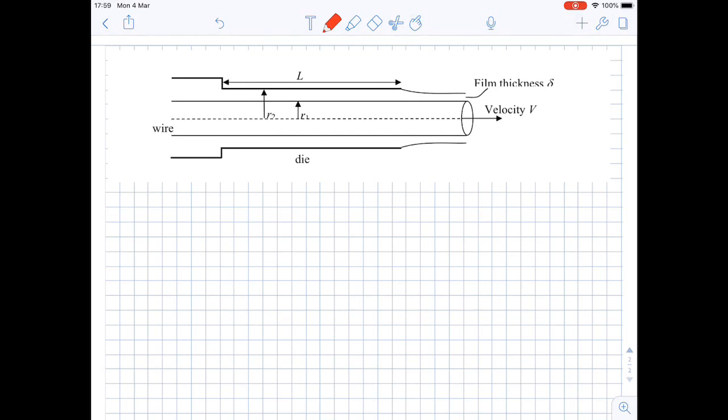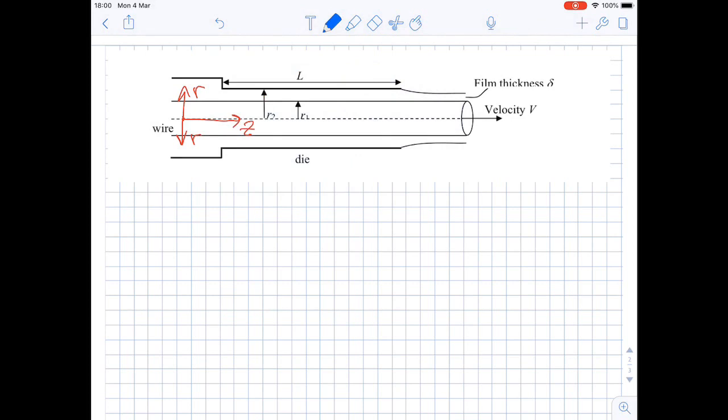As usual, we will assign one axis along the axis of the flow. So in this case, the z-axis is supposed to go to the right-hand side, and the r-axis for cylindrical coordinates is supposed to go from the center outward. So either the top one or the bottom one would always be considered as the r-axis.